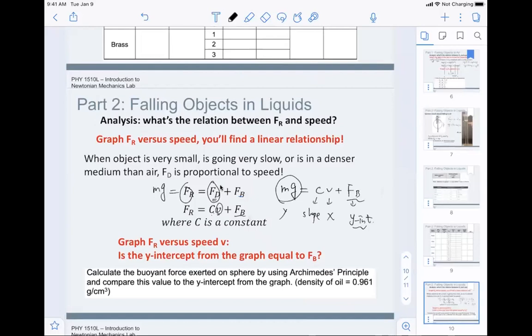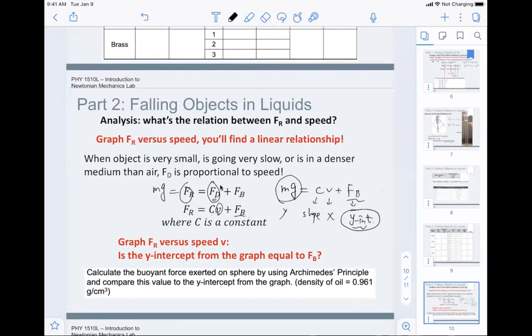You could use what you measure here, your y-intercept, to compare with the buoyant force calculated using Archimedes' principle, which is something we have learned from our previous lab, to see if they are indeed agreeing with each other. So here in the second lab, we can measure the buoyant force using our data.